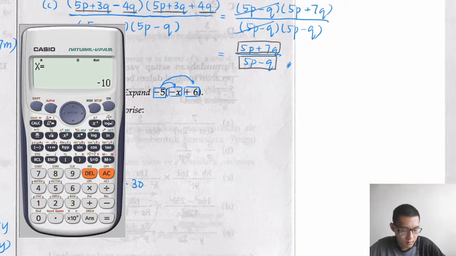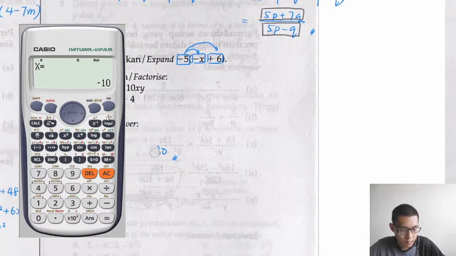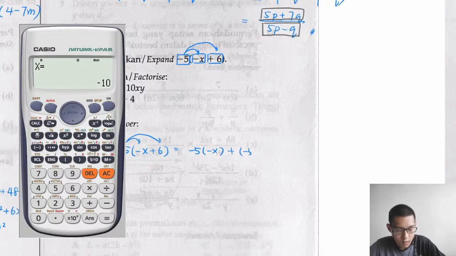Answer, this one. Done. If you want to write down the expression, you can use this: negative 5 times negative x plus negative 5 times 6, very long. I want 5x minus 30.